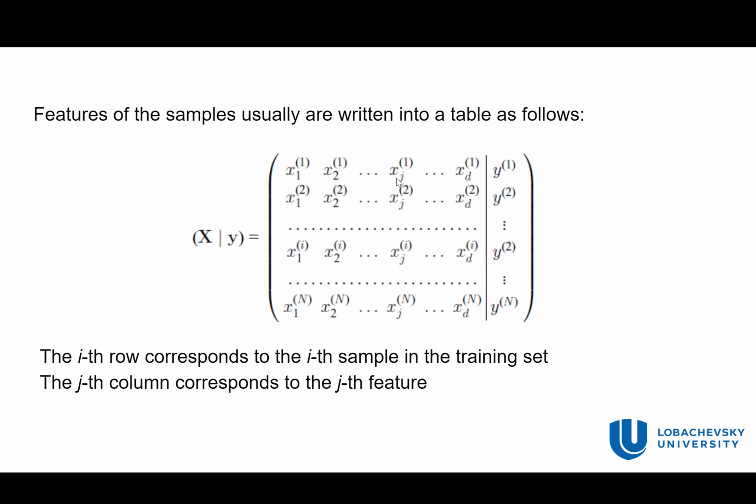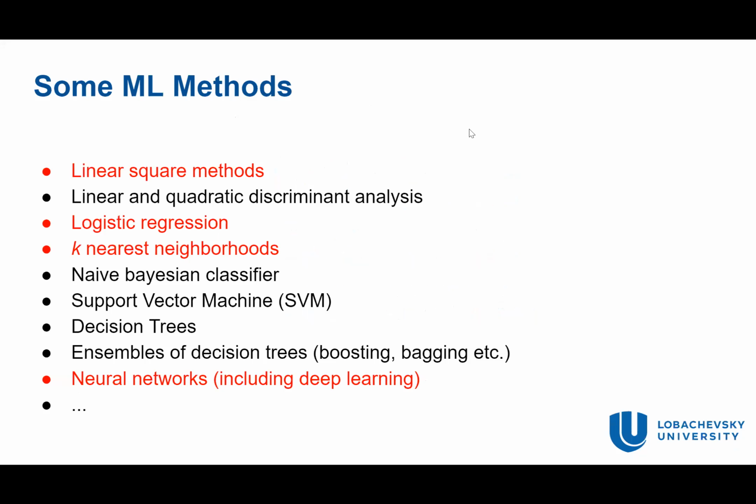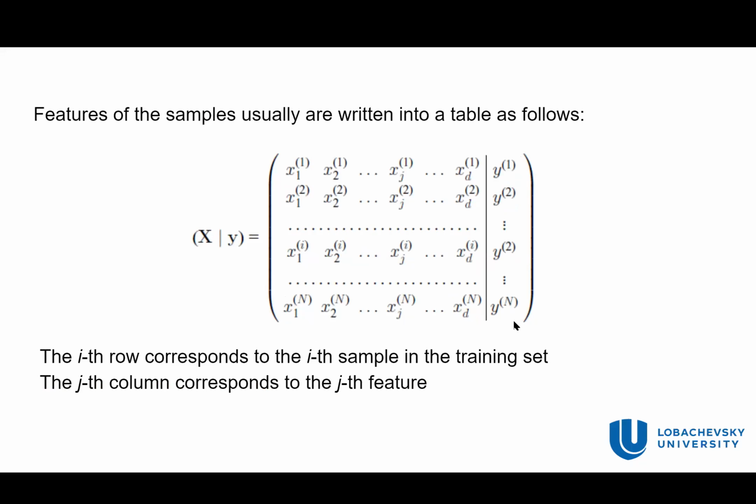The j-th column consists of the j-th features of each object. And also we have y's here. This column is the y column, and it consists of labels for each sample in the data set. Is it clear? Okay.